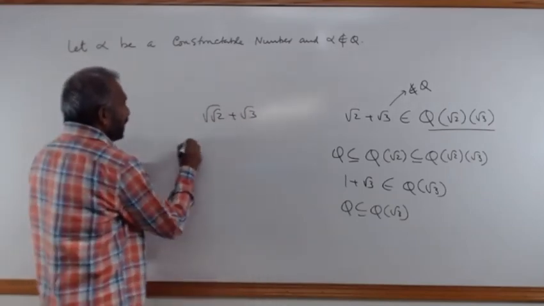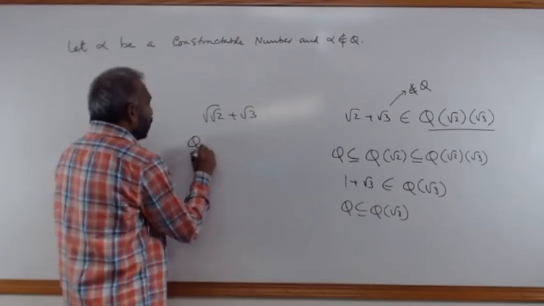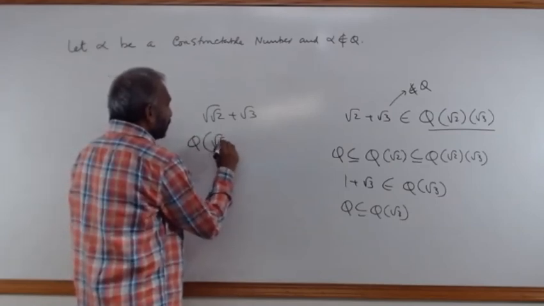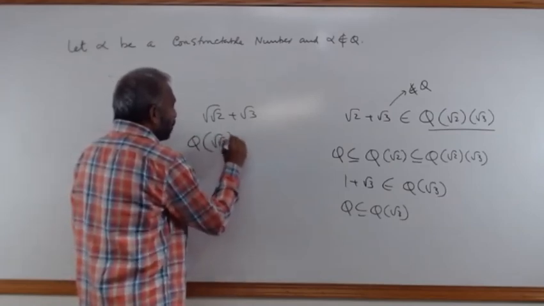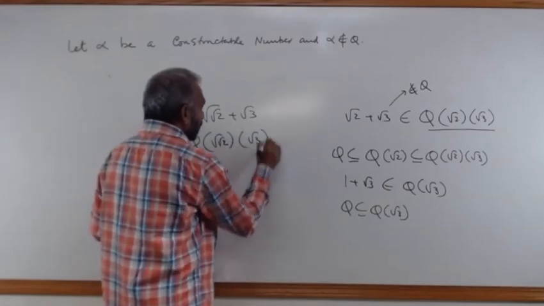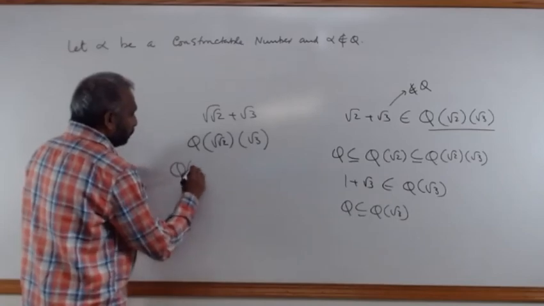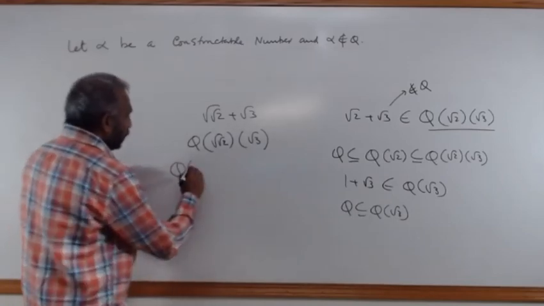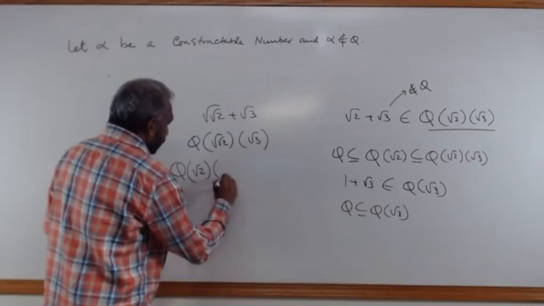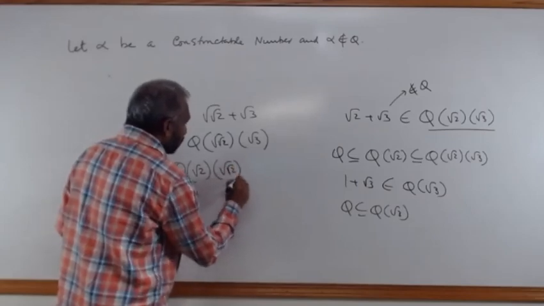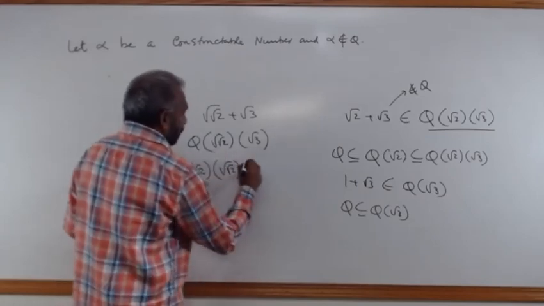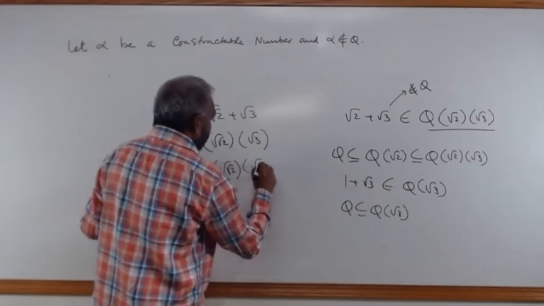This belongs to Q of root 3, root 2 of root 3. This can be written as Q of root 2, root 3.